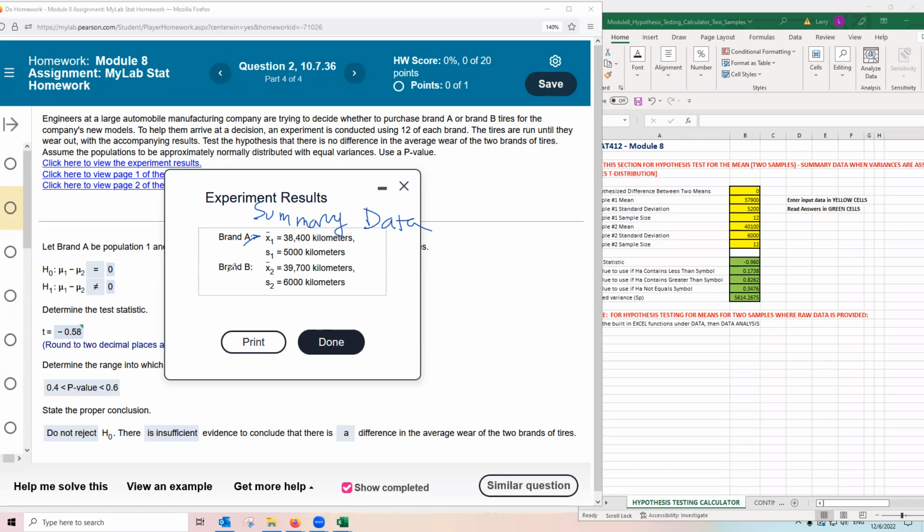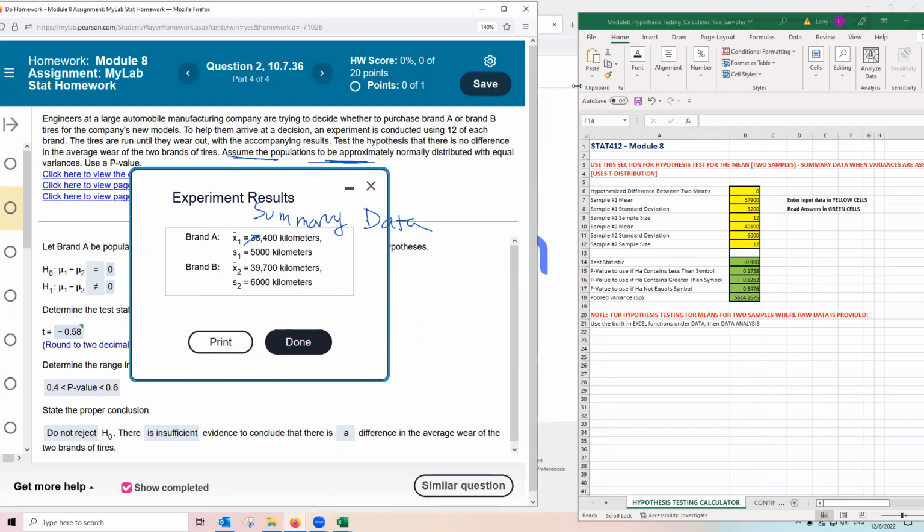The other thing to notice here is it says, assume the populations are normally distributed with equal variances. So this Excel calculator that I put together is based on assuming there are equal variances. Let me show that to you one more time.